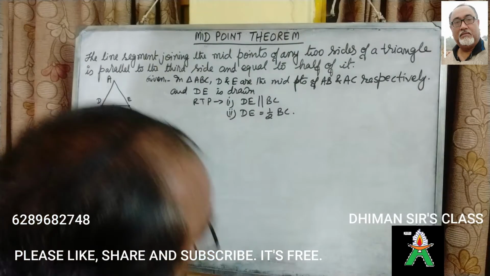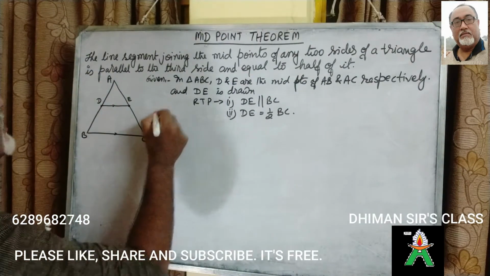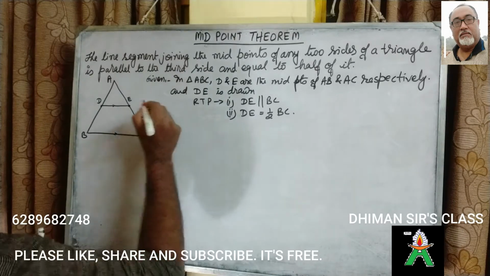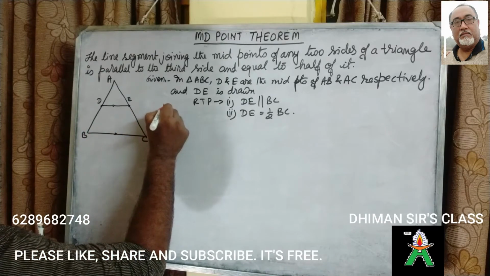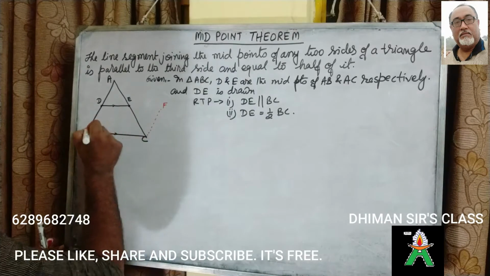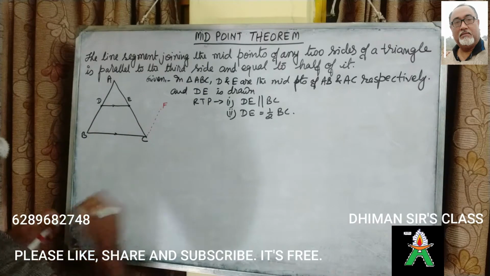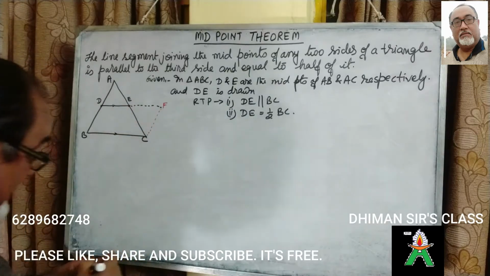Because we have to do some construction. Here we have to draw a line CF, suppose, this is F, such that CF is parallel to BD, and DE is extended to F.